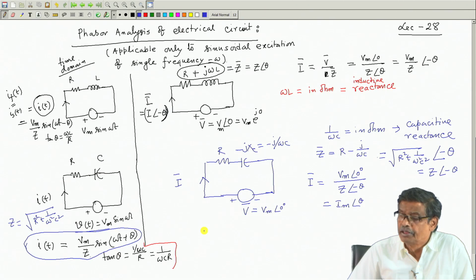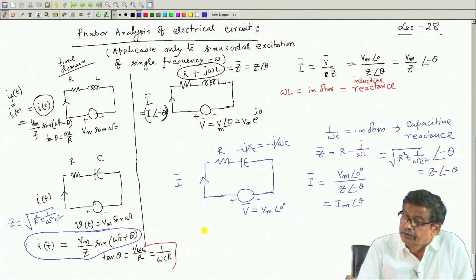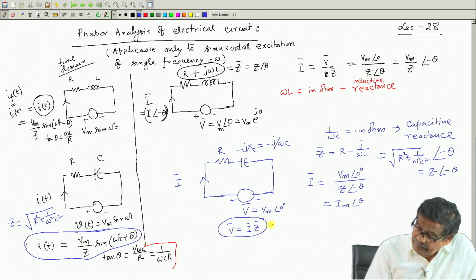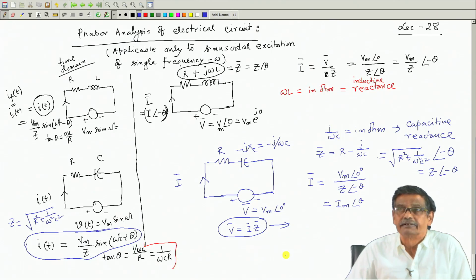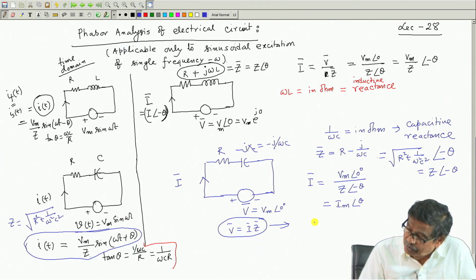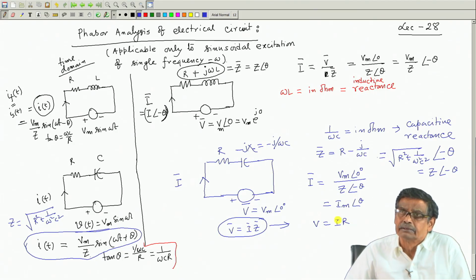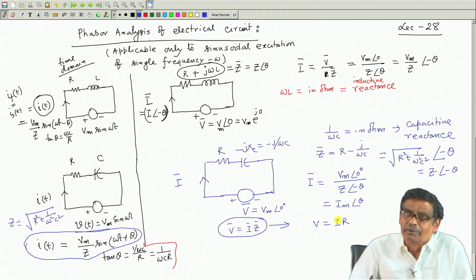But the point to be emphasized is that because of this relationship, that V bar equal to I bar into Z bar, it is tremendous, this relationship. It is similar to V equal to I R in your DC circuit. Therefore, series parallel of impedances, division of current in two impedances, all the formulas that we used for DC values are also applicable here.